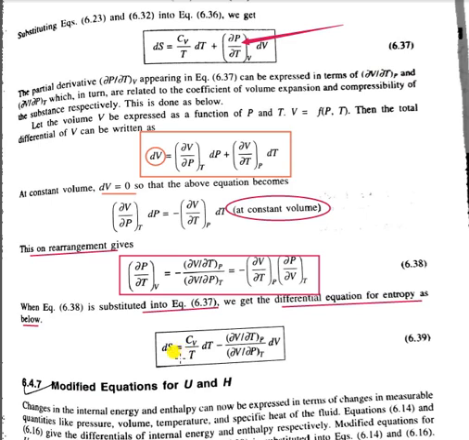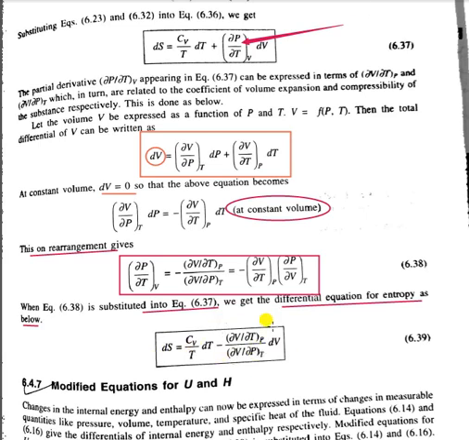तो वो क्या हो जाएगा? del S is equal to Cv by T dT minus del V by del T at P and divided by del V by del P into T dV. Okay, so this equation is a differential equation. And finally we got the relation between entropy and other properties.